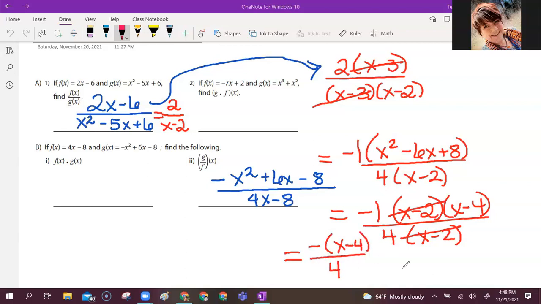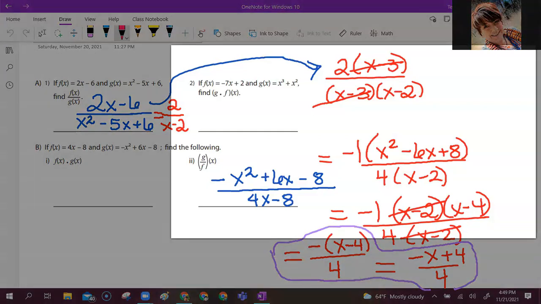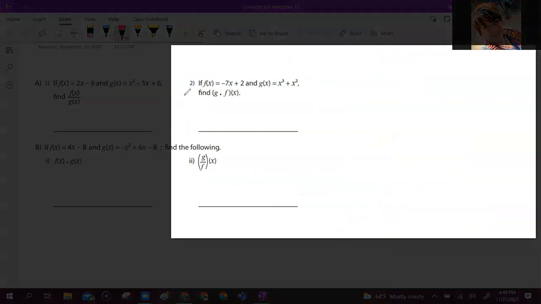You could even change this to say negative X plus 4 over 4. Those are the same two things. These two have the same value. Okay, so there's division. Next, I'm headed to multiplication.